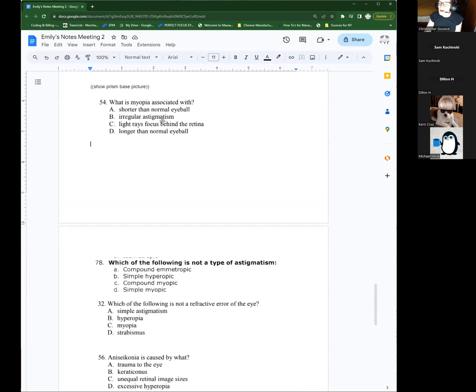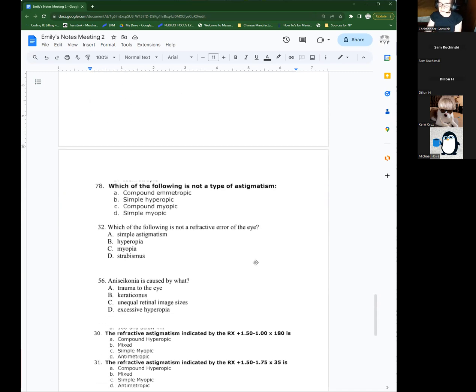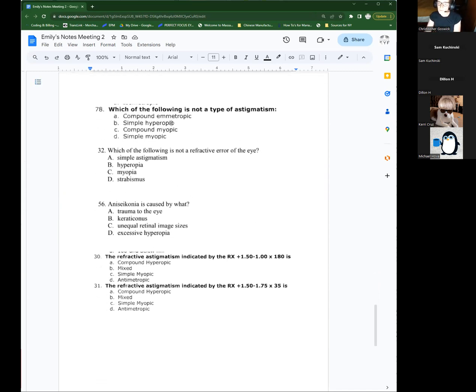But we did talk about a shorter eyeball and a longer eyeball. We did talk about the light rays, so they're throwing in some tricky stuff here. But basically, myopia, it's falling short, right? It's not getting to the retina, so it's not going behind the retina. It's going to be a longer than normal eyeball in this case, but that's a sample question that you might see related to that.